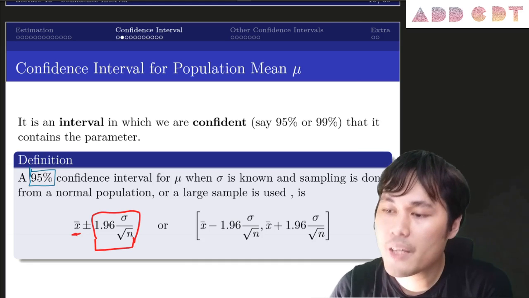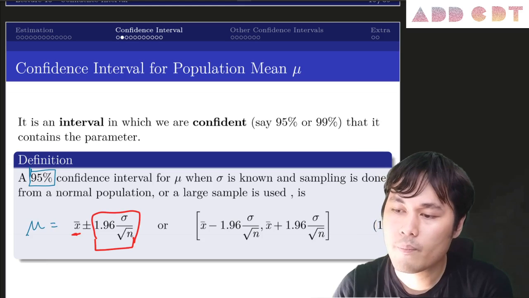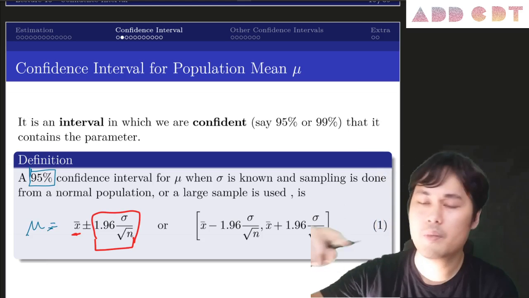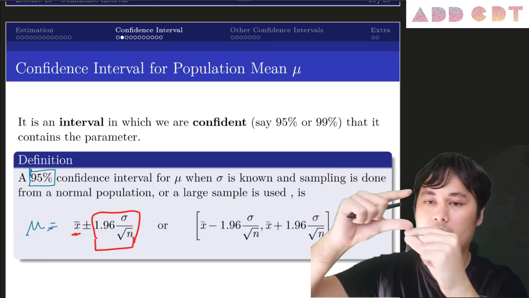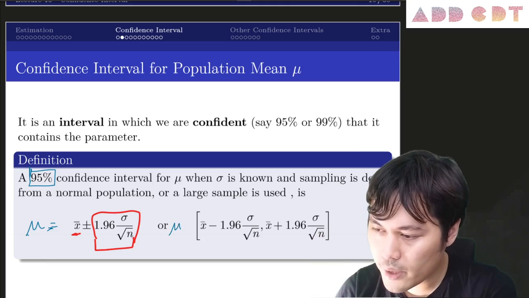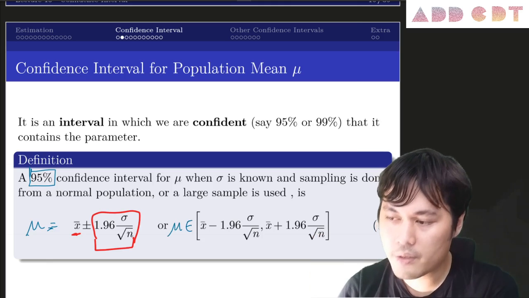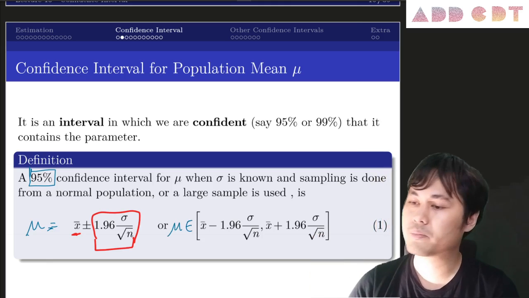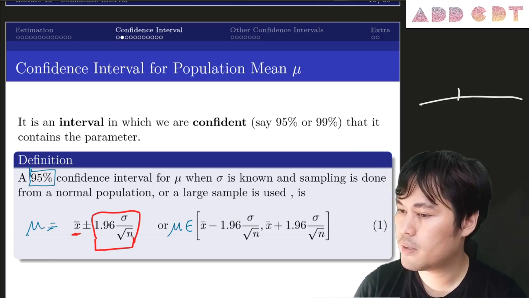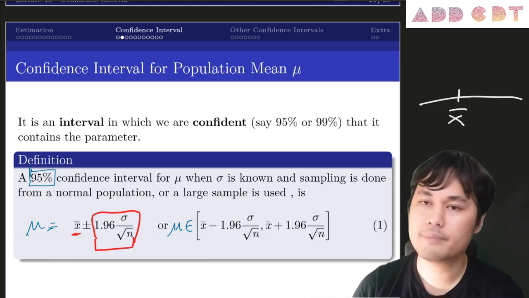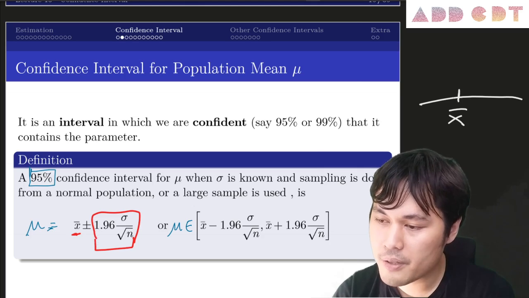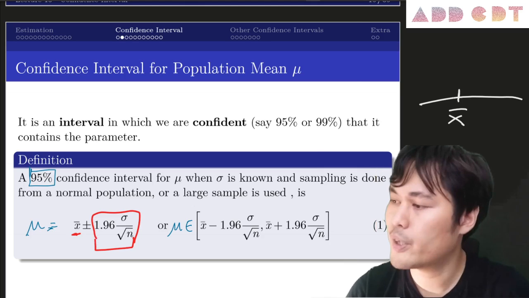So we are saying that the average is between these two values, between the average plus some amount and minus some amount. Or we can say that mu is inside this interval. So we get x bar here, and we have this formula, 1.96 times sigma over square root of n.